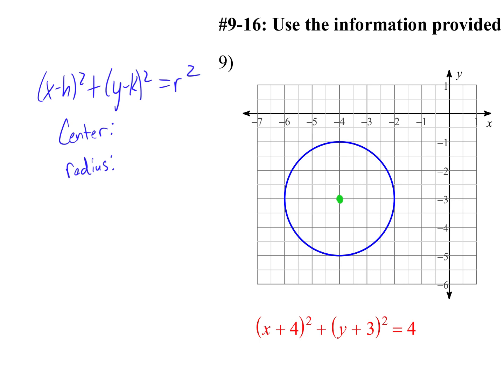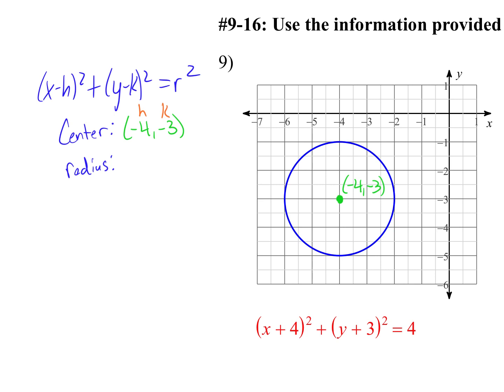What is the coordinate point at the center? -4, -3. So that's my center. And what letters represent the center? H and K. So make note of that above it, H and K.